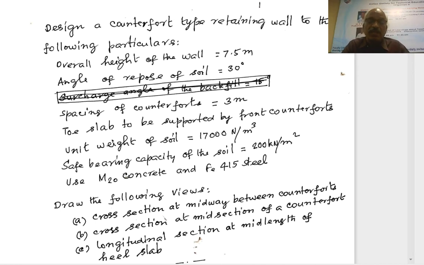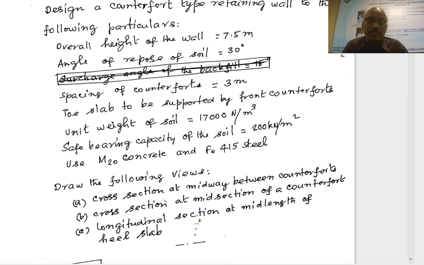Use M20 concrete and Fe415 steel. Of course, these are the different drawings that are required, right? So height is 7.5 meter, angle of repose, spacing 3 meters, unit weight of soil, bearing capacity, concrete and steel. These are the data we are going to use in the problem.